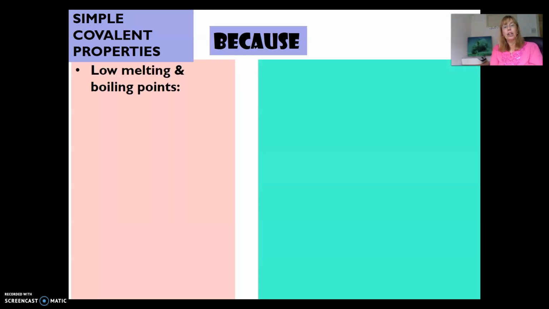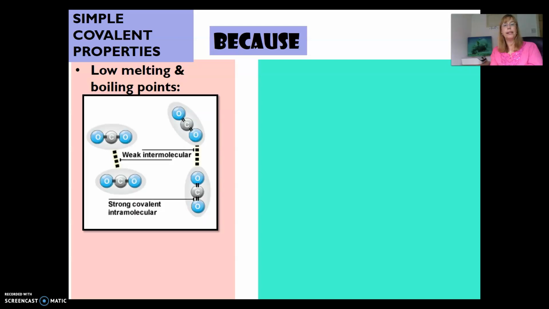So again, you need to be able to get the best results by explaining why. Why do simple covalent substances like oxygen have low melting and boiling points?